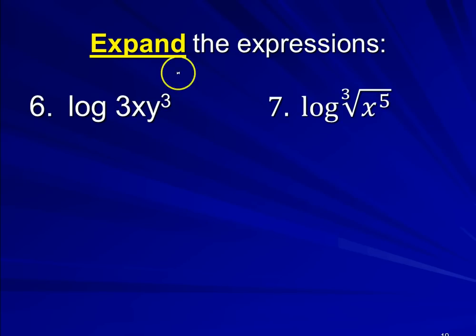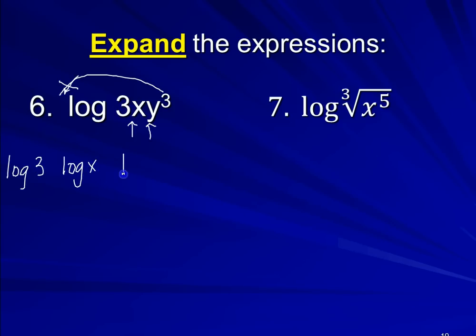Okay, next one. Think about it the same way. Can I take this 3 out to the front? Does it deal with all 3 of these? No, so I cannot do that. The first thing I need to do is break these up. So I have log of 3, log of x, log of y cubed. They're all multiplication: 3 times x times y cubed. So since it's all multiplication, they are addition.